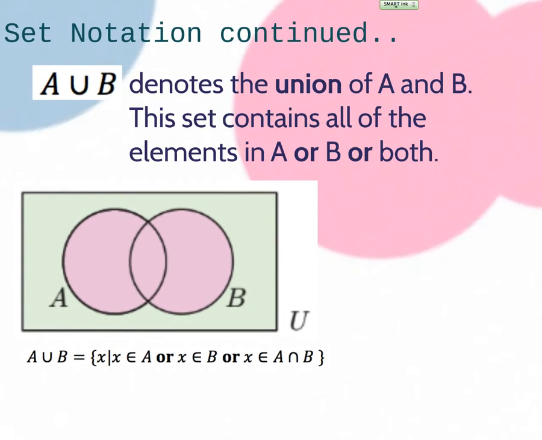Now if you've got a right side up U, that's the union of both sets A and B. So this is the union of A and B. And that set contains all of the elements that are in A, in B, and in both. So this union is going to be all of A, all of B, and it'll include that overlap. And you can notice, like the last one was shaded in lavender, just the intersection.